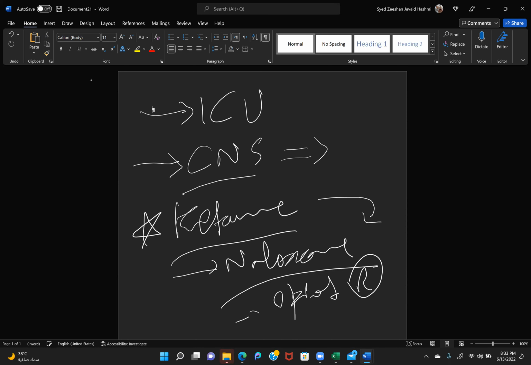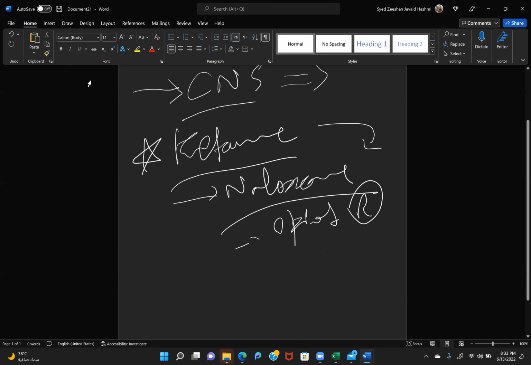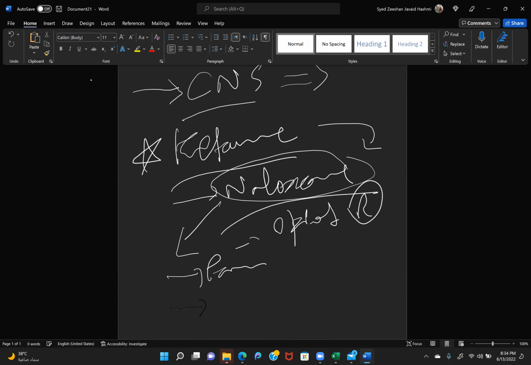I have never read about this one, but this is my practical experience: if the patient is not getting up by any cause, if you give naloxone, the patient will wake up, unless you have done some magic in the brain with your anesthesia. But whenever you are giving naloxone, you should be ready for the patient coming out with severe pain and severe chances of emergence delirium.